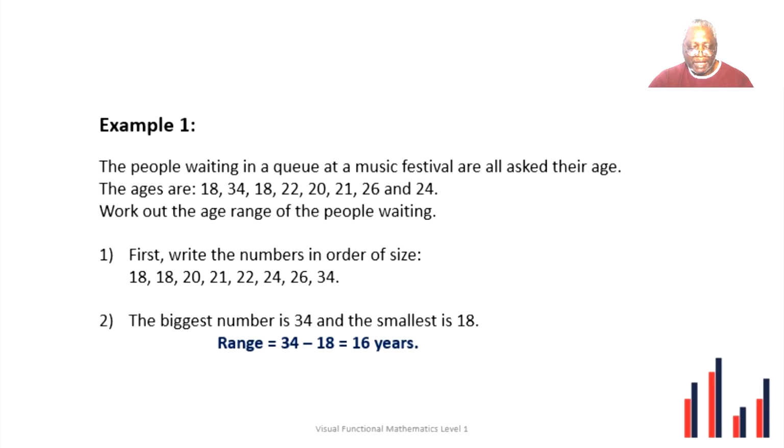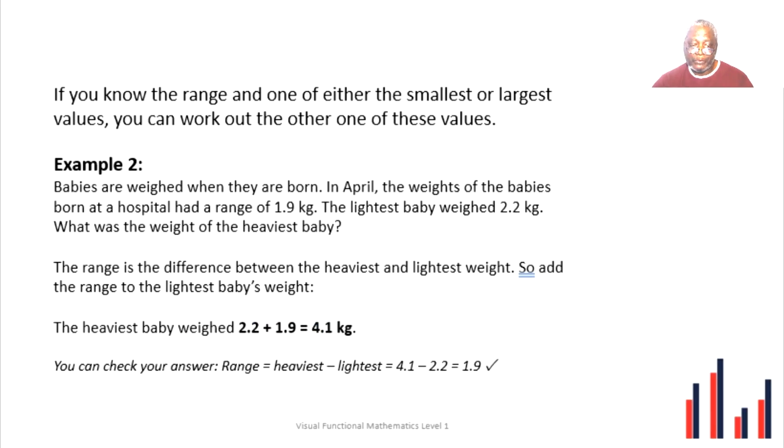First, you have to write them in order. Remember, when we were dealing with numbers, we learned about ordering. So you order them, find the smallest and the largest, and subtract to get your range, which is 16 years. If you know the range and either the smallest or largest value, you can work out the other value.